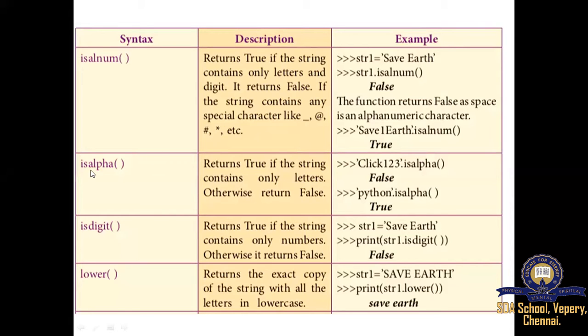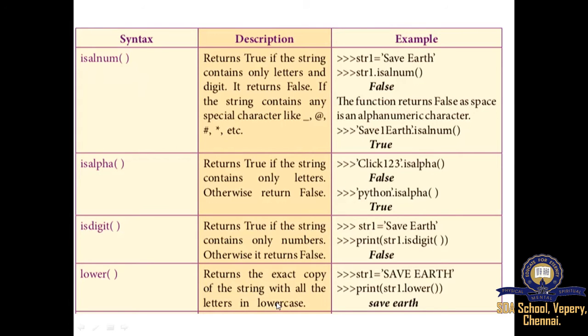Clear? Is alpha returns true if the string contains only letters. Right? Is digit returns true if the string contains only numbers. Lower returns the exact copy of the string with the letters in lowercase.